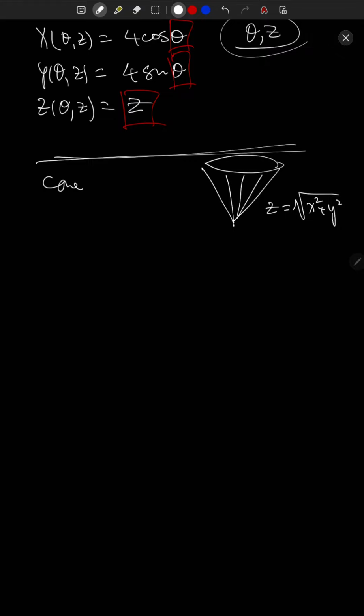Well, we actually have two options, because the cone is easily described in both spherical and cylindrical coordinates. In spherical coordinates, this cone is a 45-degree cone in that every point on the cone is at an angle of pi over 4 from z. That literally describes this particular cone.